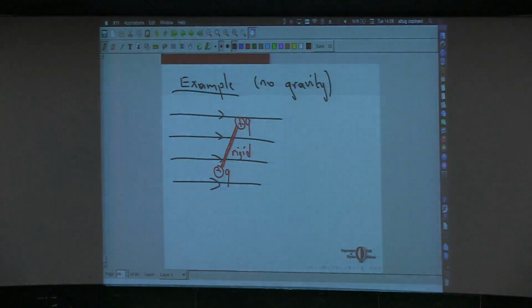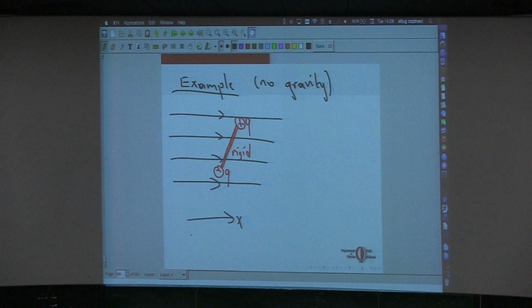Now, why is it so? Let's imagine, what is the force acting on the negative charge? Let's say this is the x direction. The force acting on this negatively charged sphere is in the minus x direction. What about the force acting on this positive charge?